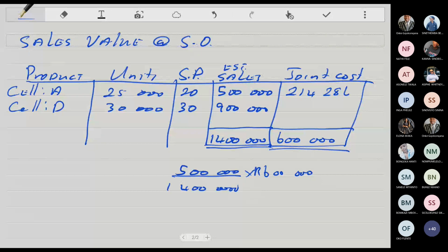Then I can simply say 600,000 minus 214,286 to get the value that will go to cell D, or you can do the calculation again by taking 900,000 divided by 1,400,000 times 600,000.